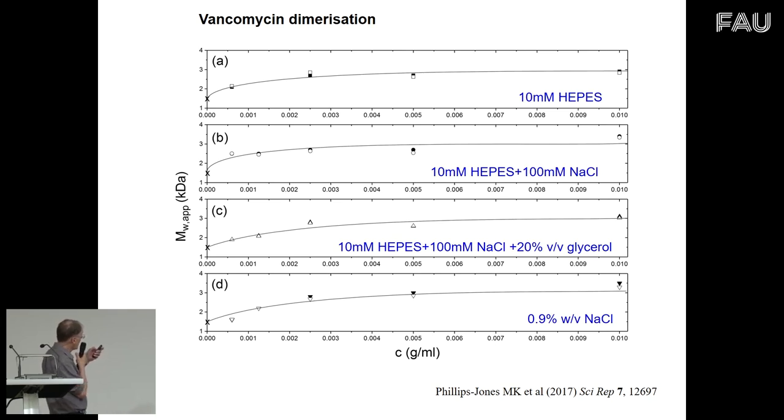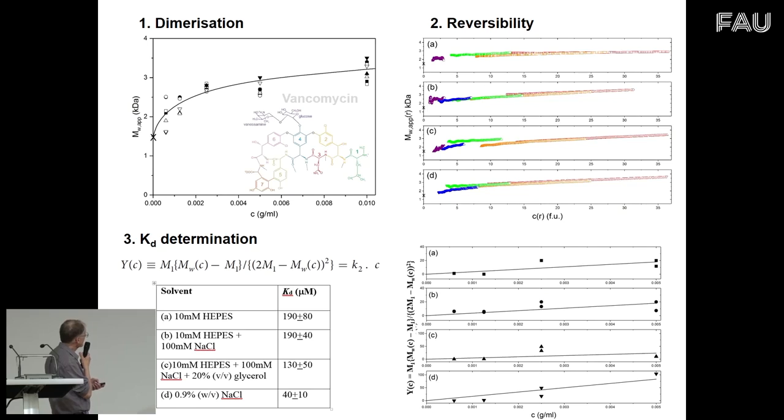But we looked at a series of different solvents to see how this molecular weight behaves. These are plots of whole cell molecular weight averages against concentration in different conditions. And this one was chosen because we did some experiments in the presence of the Van S protein. And that's all the data together.